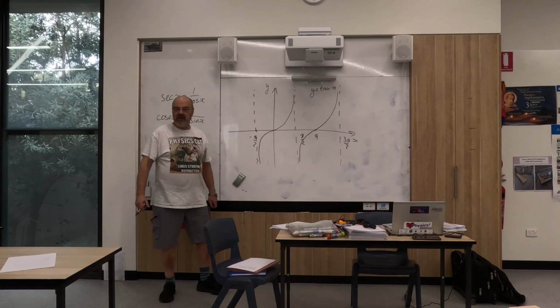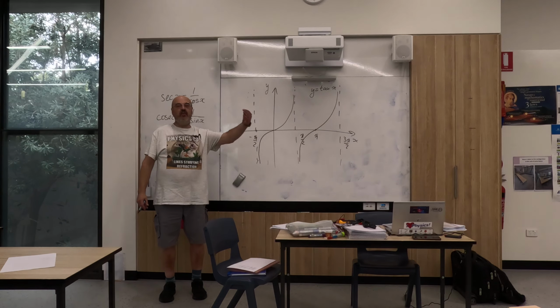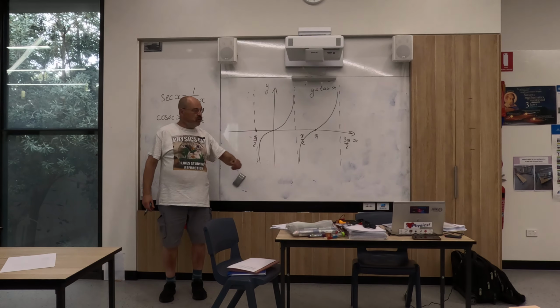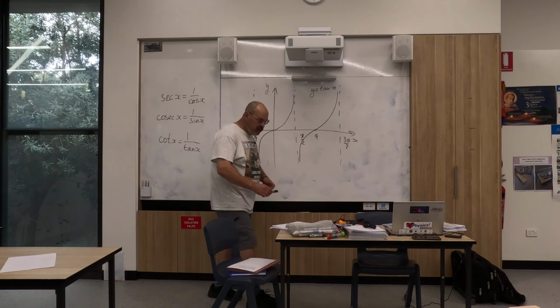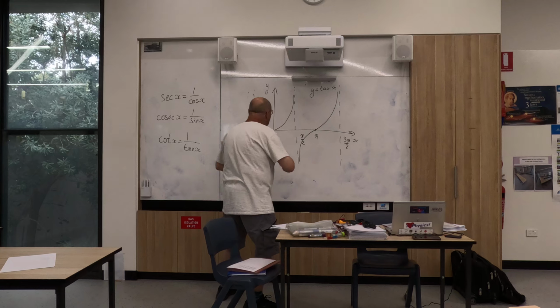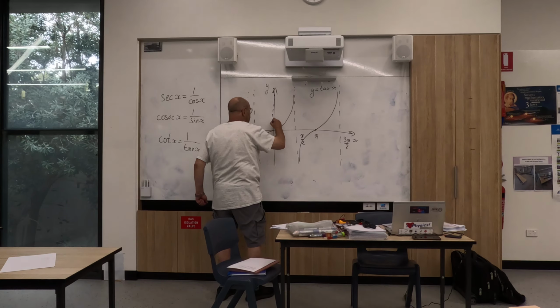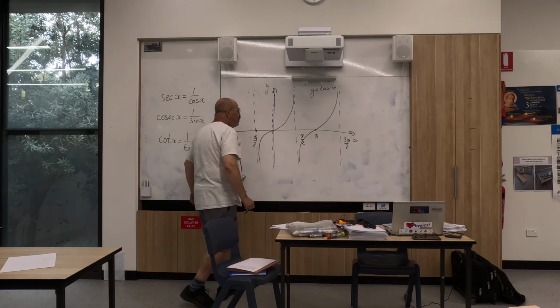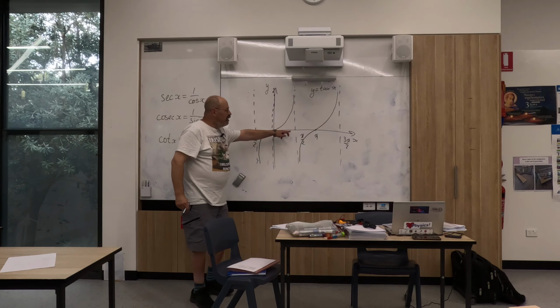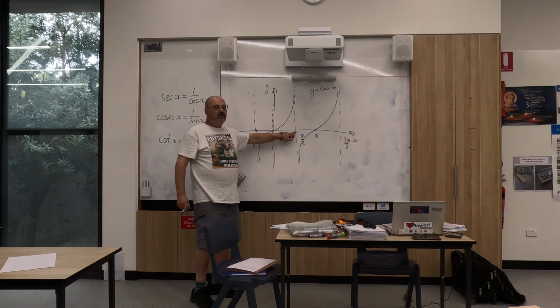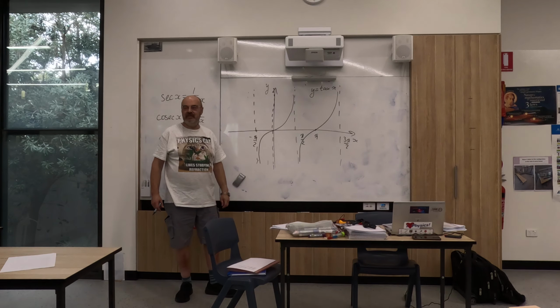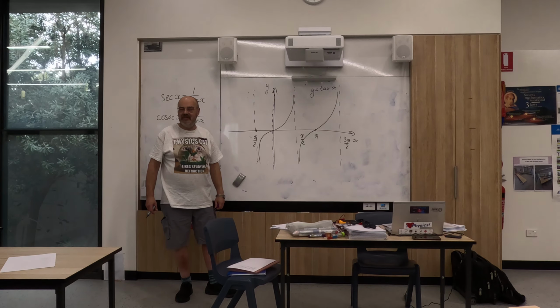When tangent equals 0, cotangent is 1 on tangent. What will we have at x equals 0? A vertical asymptote. Now, what will be the cotangent of pi on 2?